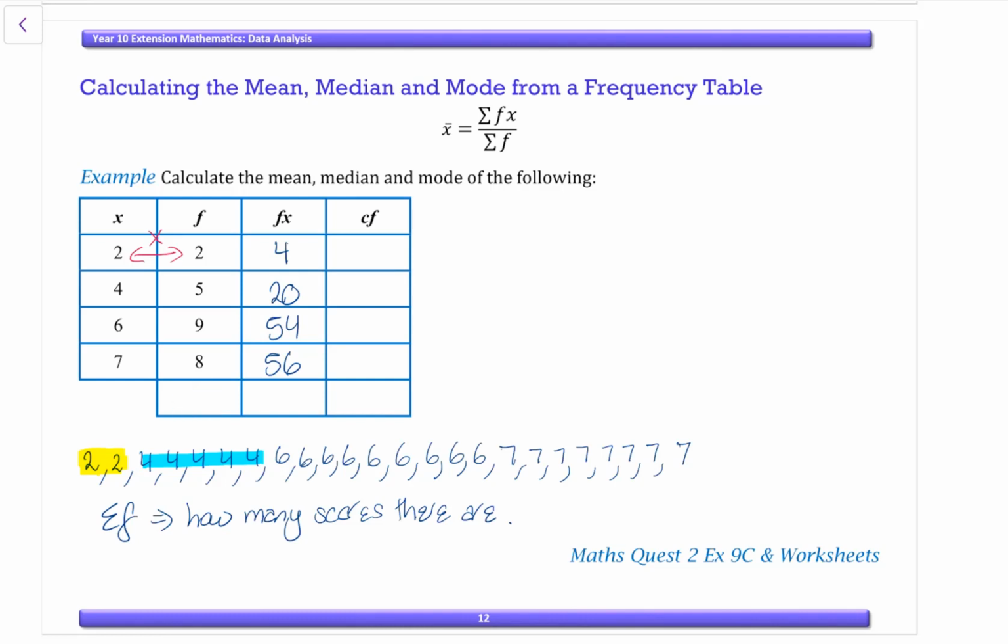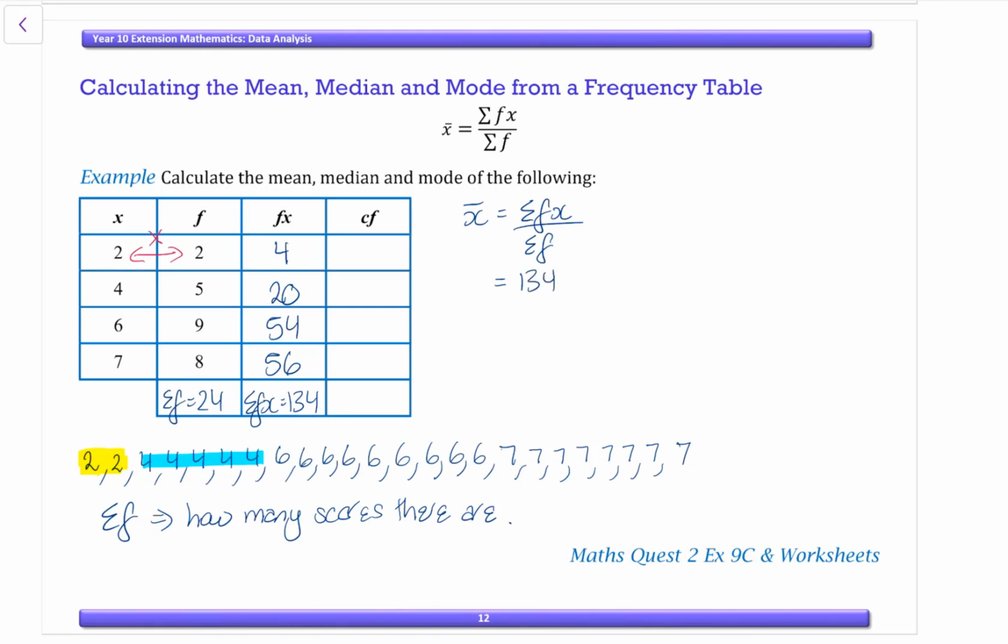So sum of f is 24. Sum of fx is 134. So you should realise that the mean is the sum of fx, which is the total sum of all my scores, over the sum of f, which is how many scores I've got.